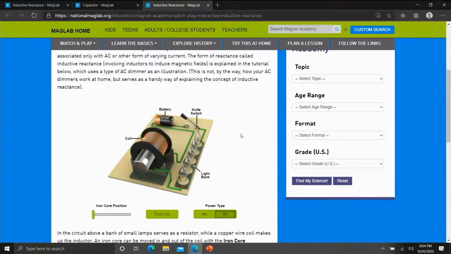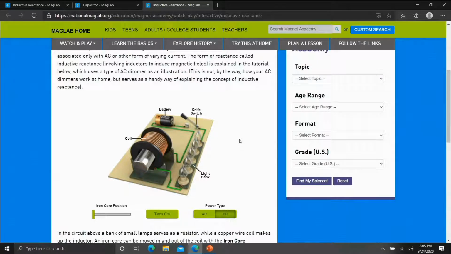Now, for those of you who've never been out there before, the National Magnetic Laboratory at nationalmaglab.org has a lot of really cool electrical and magnetic animations and tutorials that really help to understand and describe many of the things that we deal with in electronics.